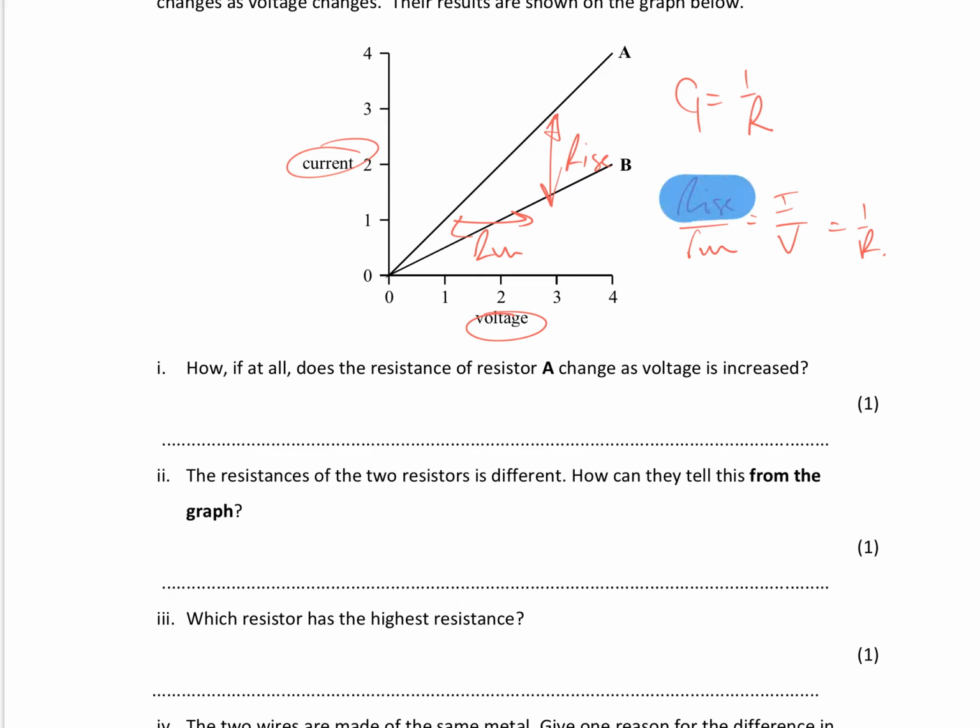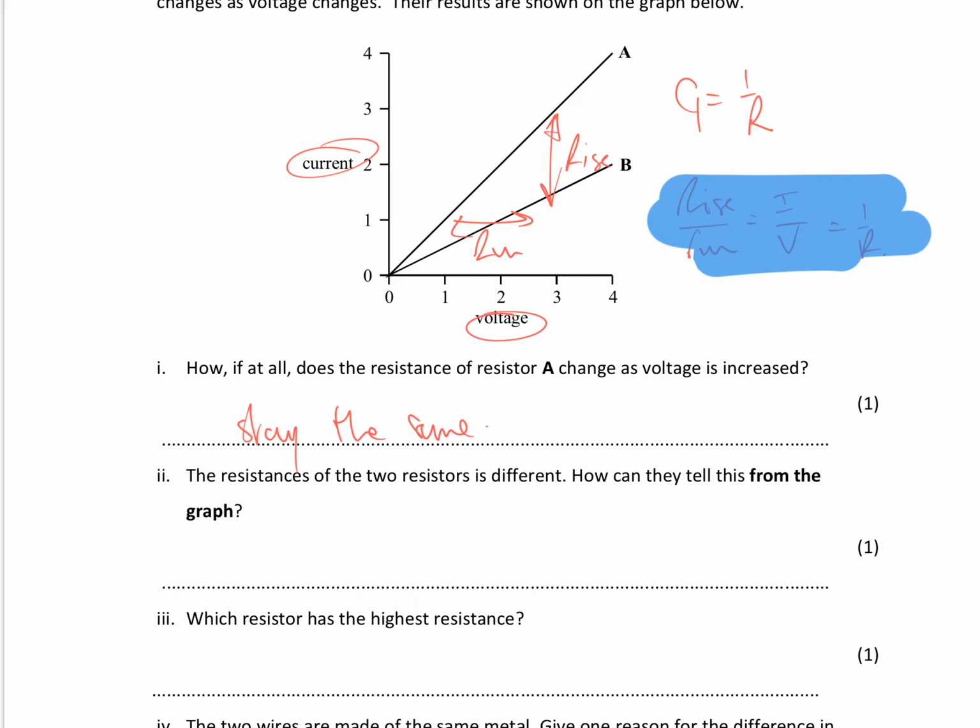Okay, great. So, how does the resistance of A change as the voltage increases? Well, the resistance stays the same. I'll explain why. Because the gradient is the same. The gradient is the same up here as it is down there, so therefore that means the resistance stays the same. Good.